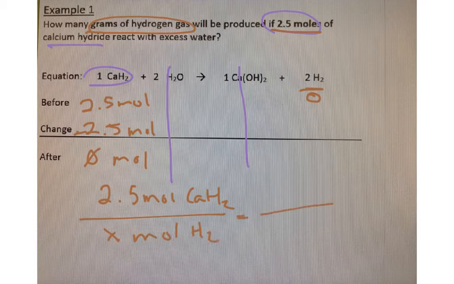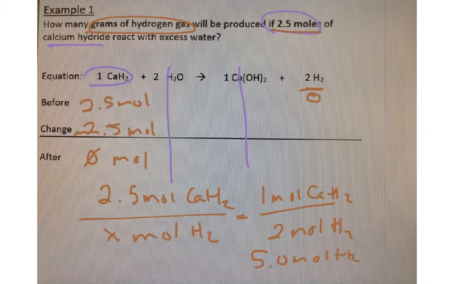Well, I don't know that directly, but what I do know is that there is 1 mole of calcium hydride needed for every 2 moles of hydrogen that would be produced. So when I cross multiply that, I get 5.0 moles of hydrogen. So I know that if I lose 2.5 moles, I'm going to gain 5 moles of hydrogen, which means 0 plus 5, so in the end I would produce 5 moles of hydrogen.